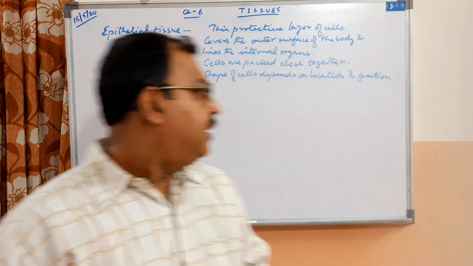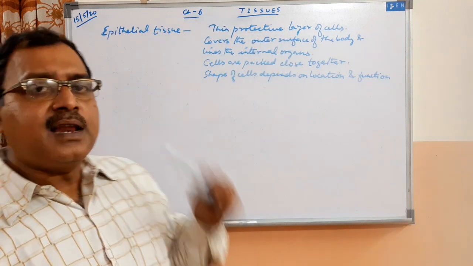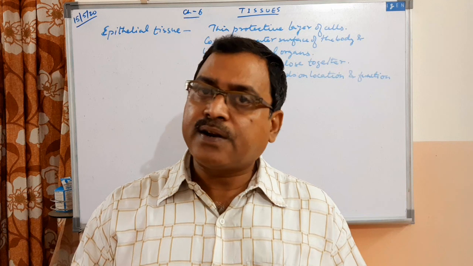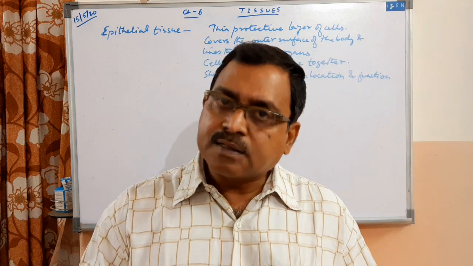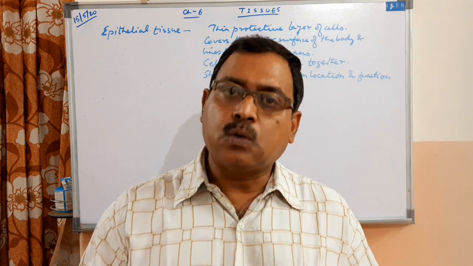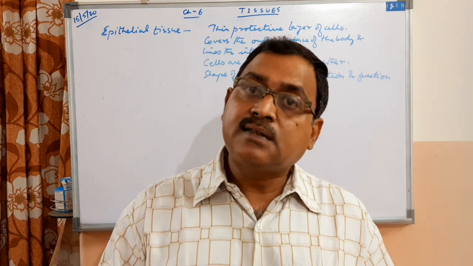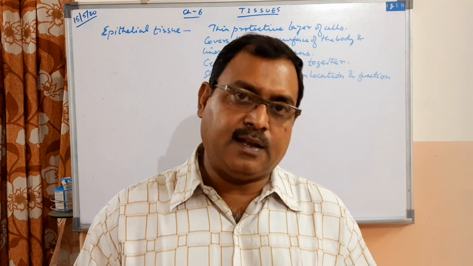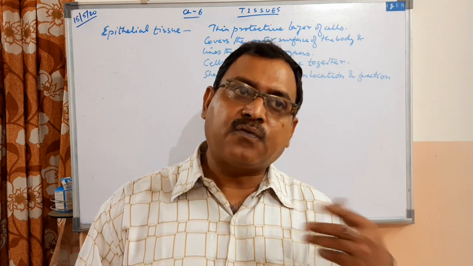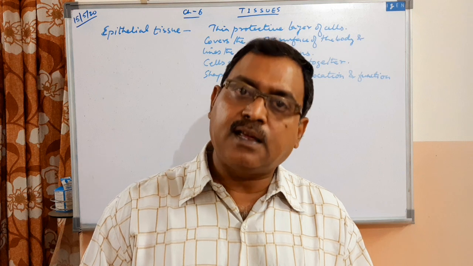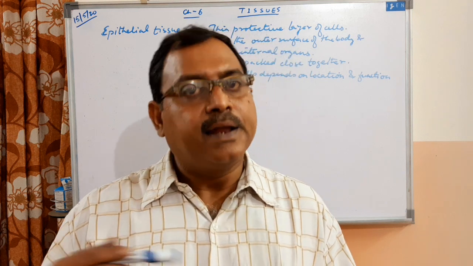Clear? Now, epithelial tissue is of 4 different kinds. First is squamous epithelium, next is cuboidal epithelium, then is columnar epithelium, and then is ciliated columnar epithelium. So regarding these 4 different kinds of epithelium, we will do in the next class.